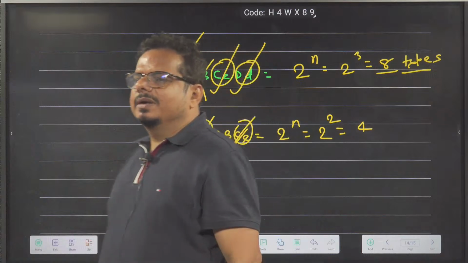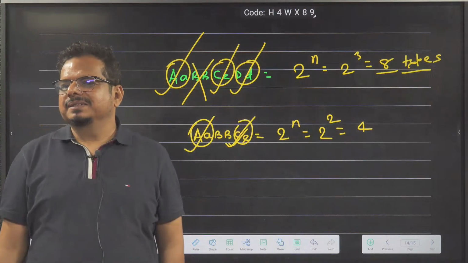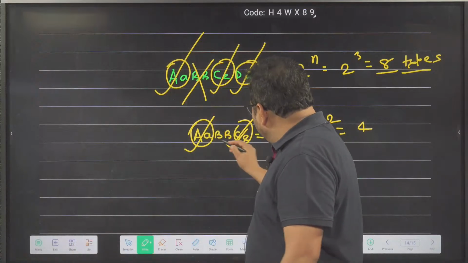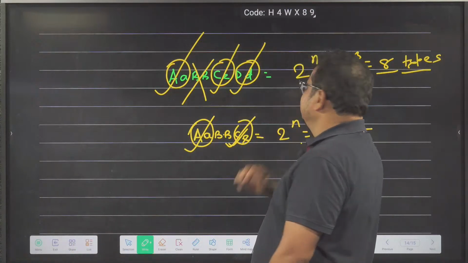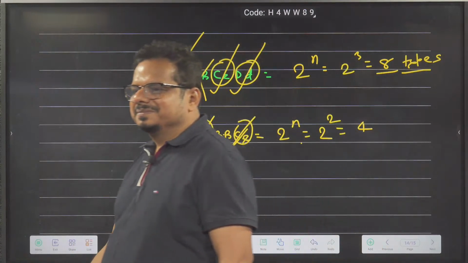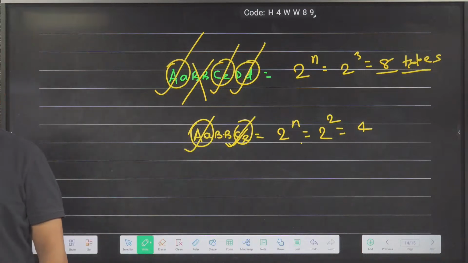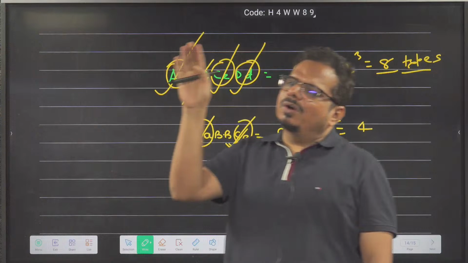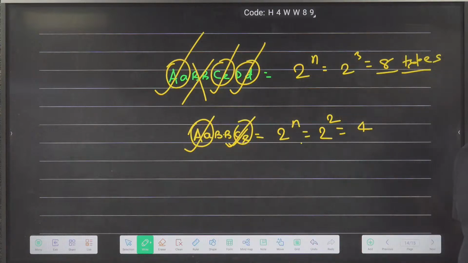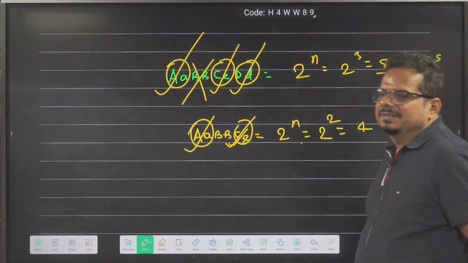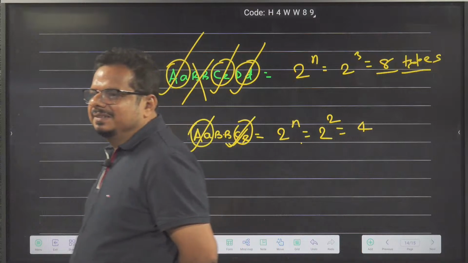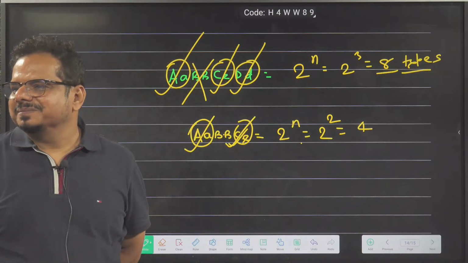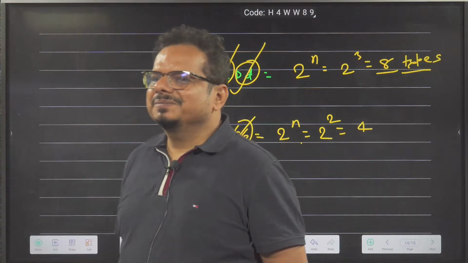Now I am asking, what are the names of all 4 gametes? You write first. What are the names of all 4 gametes produced by this? Write it. You told only 4 types, no? Now I am asking the names of all 4 gametes produced by it. Tell me the names of all 4 gametes. Answer it. I am waiting for your answer.